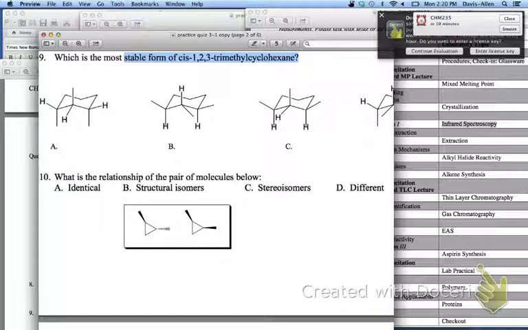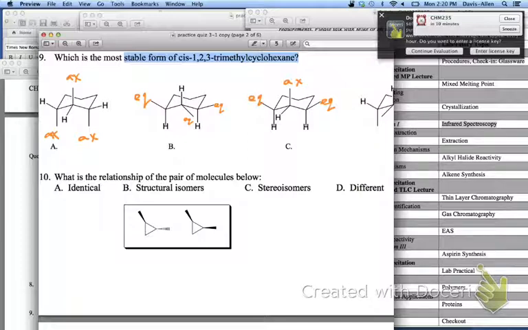And if you want to look at trick questions, this is a good one for it. So here we have axial, axial, axial. How do we know they're axial? Straight up and down. Equatorial, equatorial, equatorial. How do we know those are equatorial? Because they're not straight up and down. Good answer.